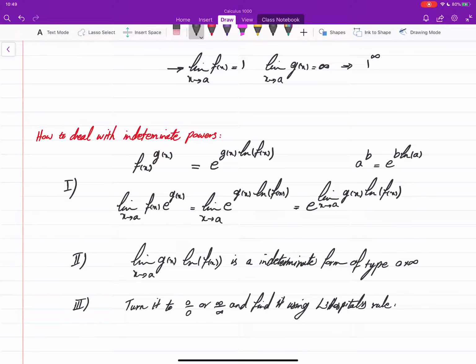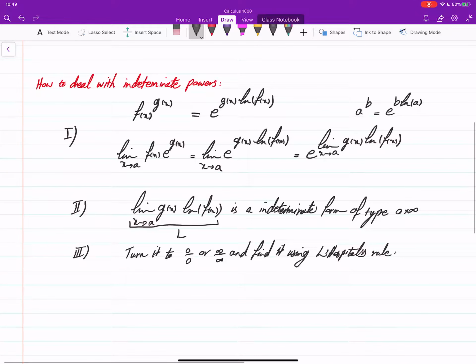And when you find that limit, let me call it L, note that the limit of the original f of x to the power g of x is not equal to that L. It is e to the power L. This is a very important last step that we have to do, and let me just write it as the fourth step.